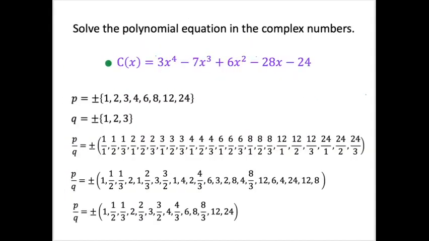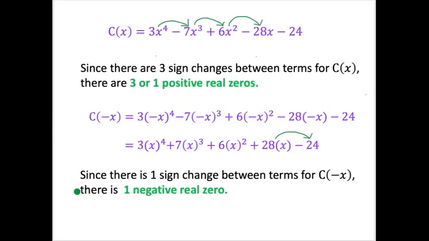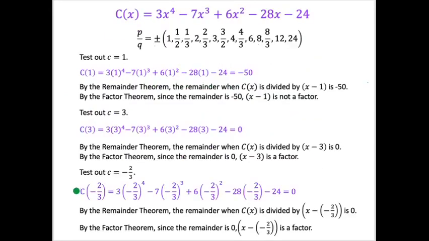We could have a case like we had here where our constant term has several factors, like 24, so the possibilities for p are really high. But in our example, when we saw that there was one negative real zero, once we found negative 2/3 to be that one, we didn't have to test out any more negatives.